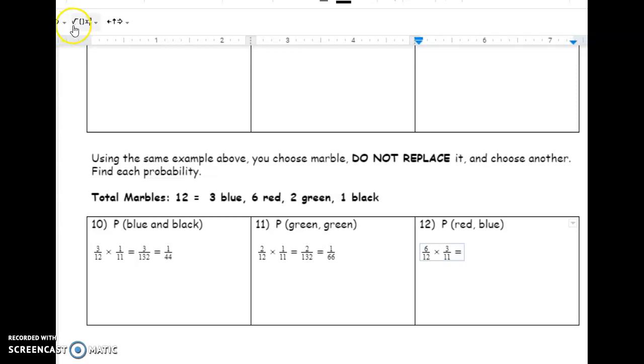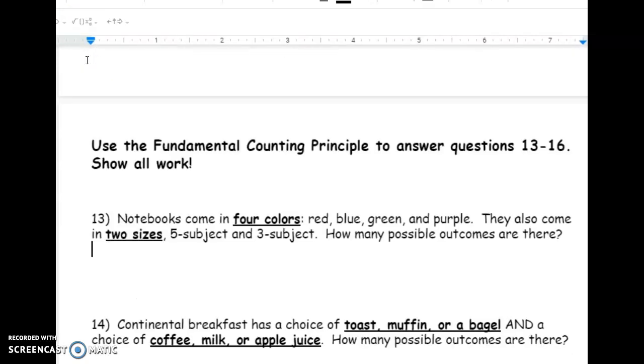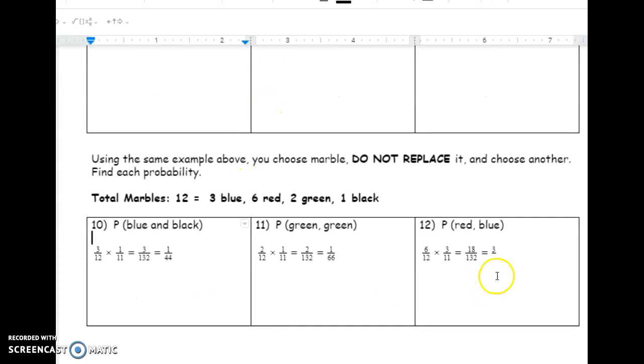So let's multiply the numerator with numerator and get 18. Denominator times denominator gives me 132. And if we simplify this by 6, we get 3 out of 22.